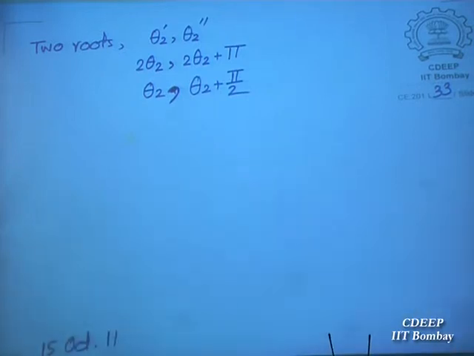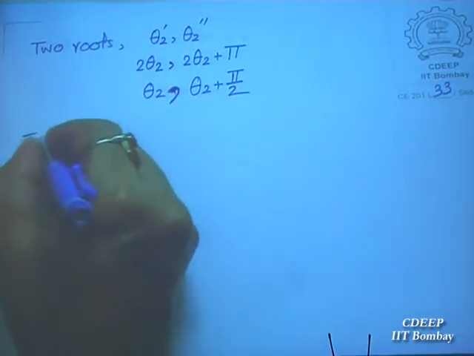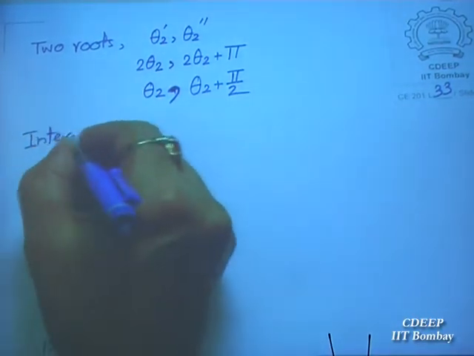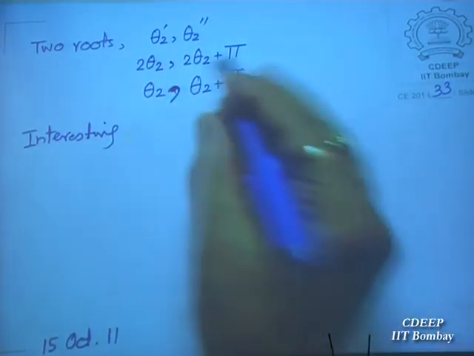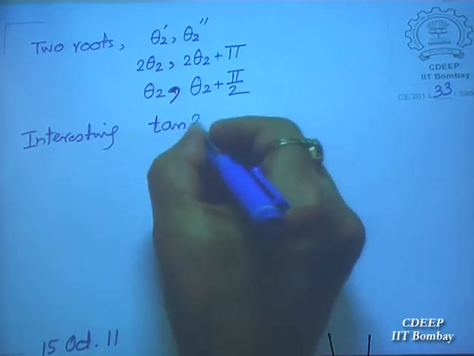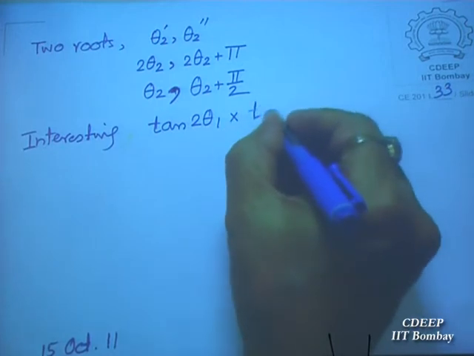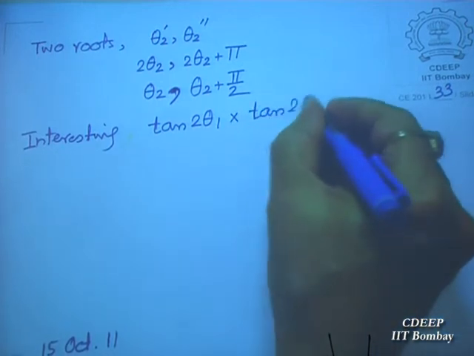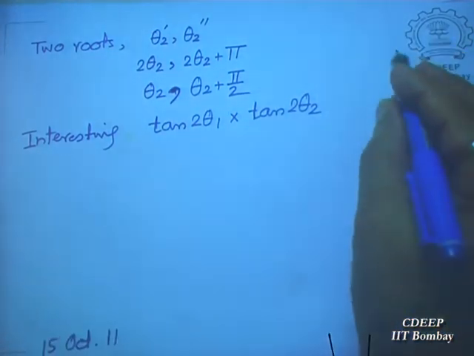So 2 theta 2, and what is interesting is that if you take tangent twice theta 1, multiply that by tangent twice theta 2, that is coming out to be minus 1.